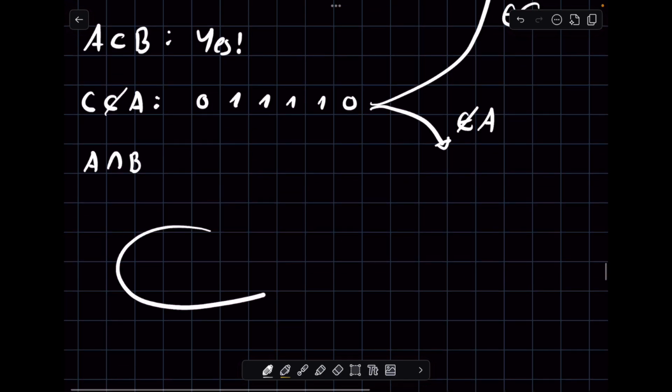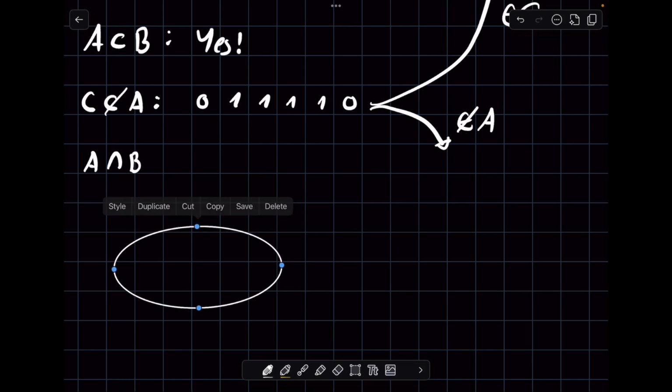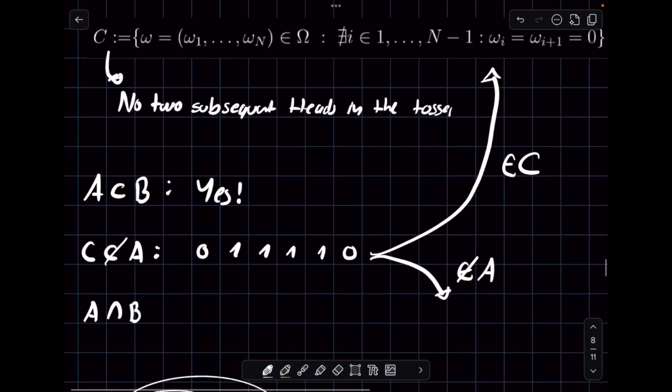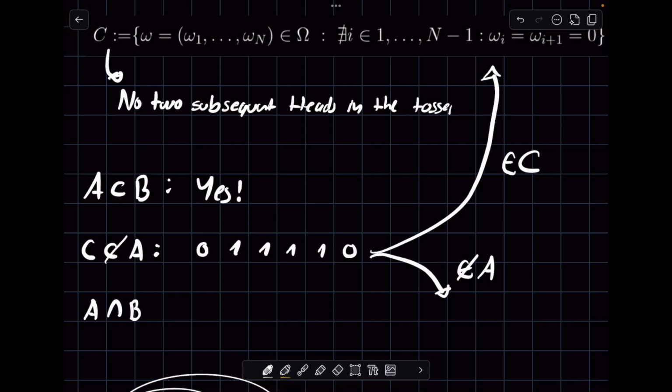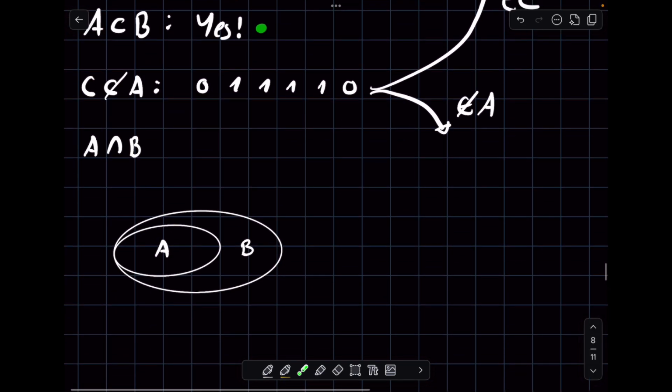Well, if we look at this and we take another circle here, it's a bit confusing, but this is A and this is B. We know that A is a subset of B in this case, and it will look something like that, right? It doesn't cover all cases, but it covers some cases of B. That's why it's called a subset. So what's the intersection between A and B?